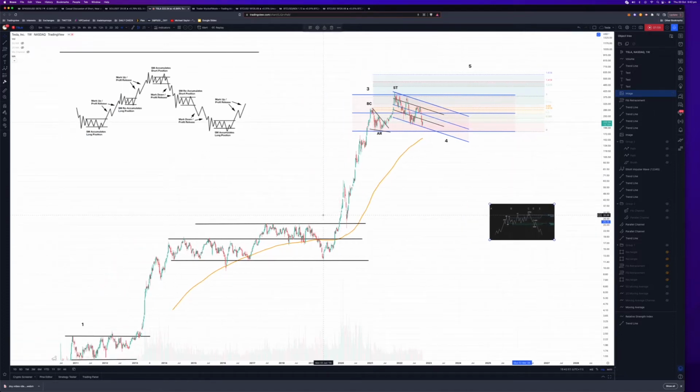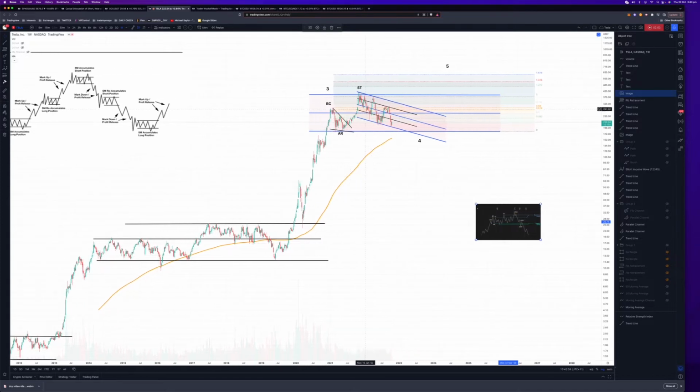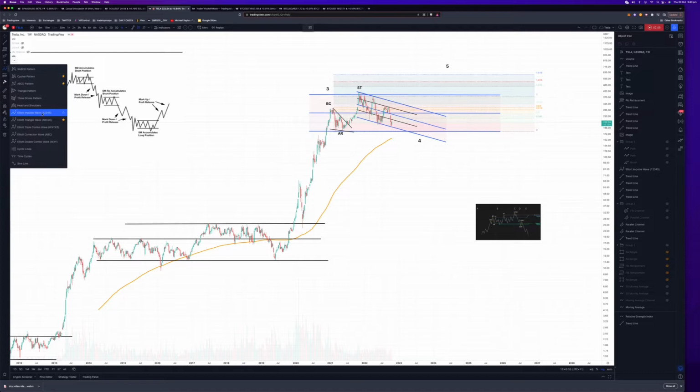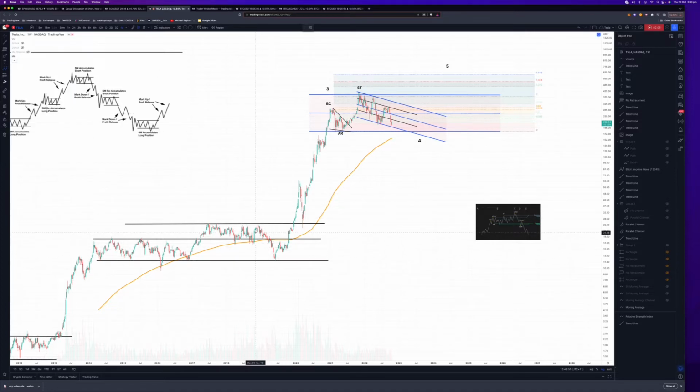You can see from my perspective, we have 1, 2. This is a strong move, and then even this one's an even stronger move, and this potentially could be wave 5. So if we look at wave 5, I'm just going to look from a smaller perspective. You can say that, okay, 1, 2, you can say that 3, 4, 5.